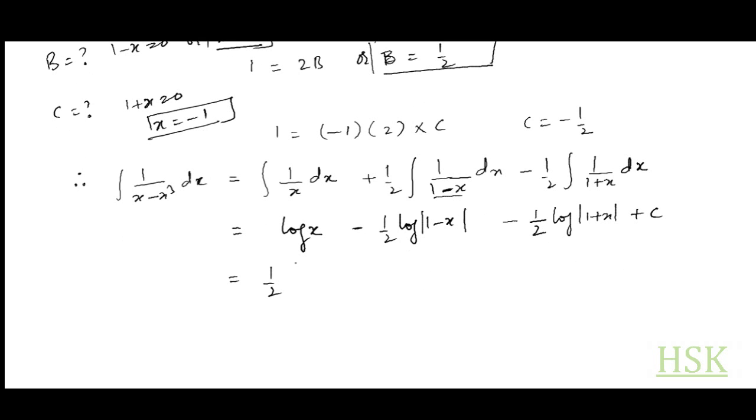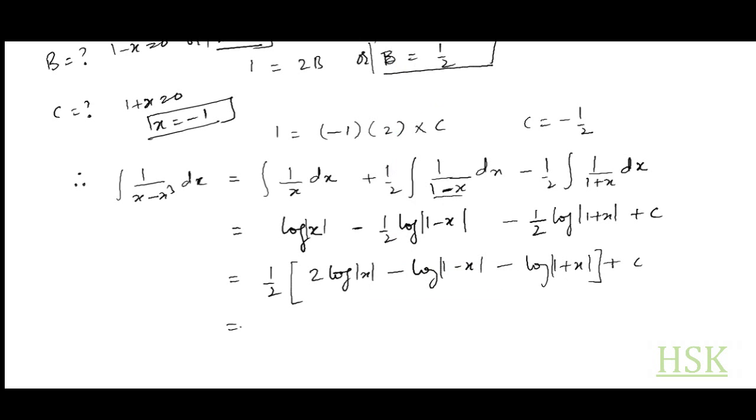On taking 1 upon 2 common from the expression, I'm going to get this as 1 upon 2 times twice log of x minus log of 1 minus x minus log of 1 plus x plus c.